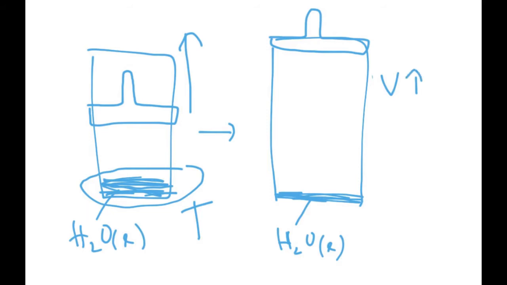So if we increase the volume of the container, what do you think will happen to the pressure at first? Well, at first, there is a certain amount of water molecules, and when you suddenly move up the piston, those water molecules will spread out. And when they spread out, you can assume that the moles is also constant at that point.